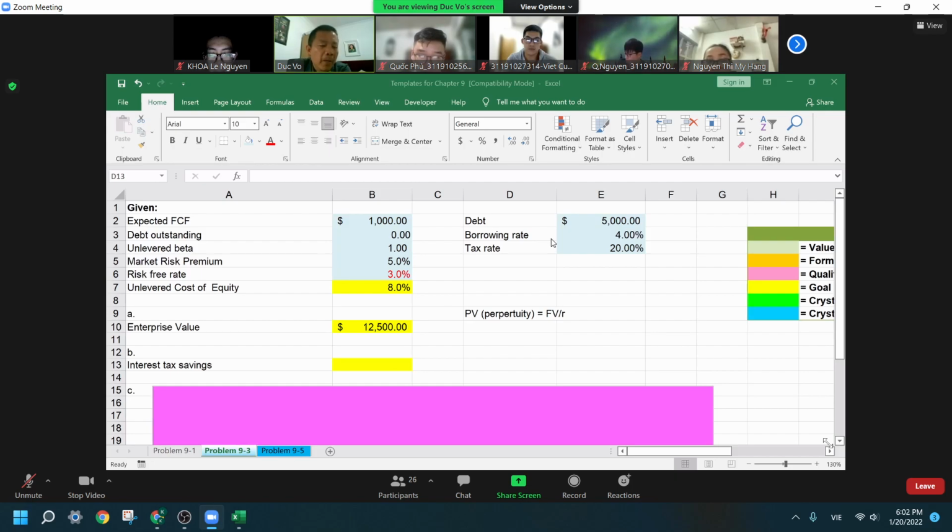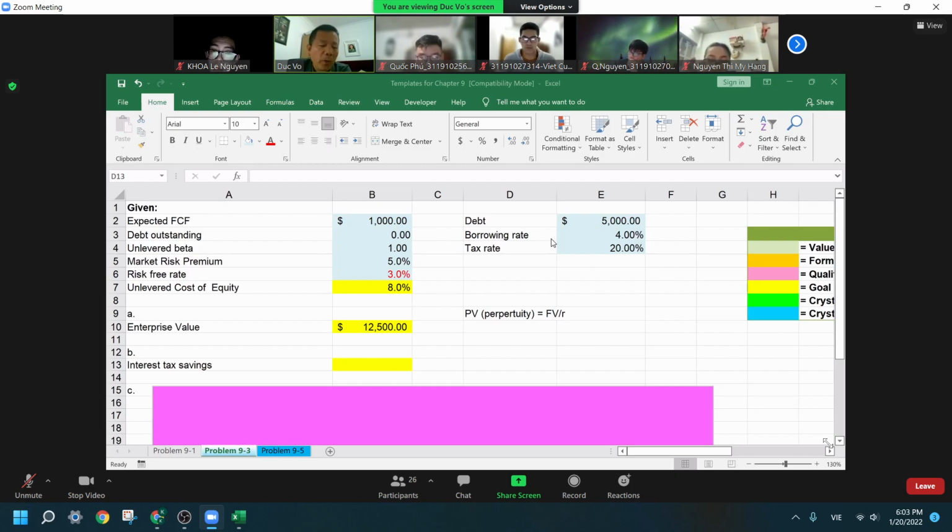Let's look at this one. You borrow money and the cost of borrowing is 10%. However, whatever you pay for interest expense will help your company pay lower tax. Assume that the company tax rate is 25%.